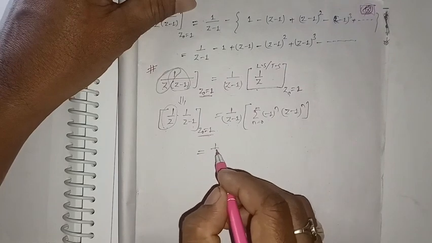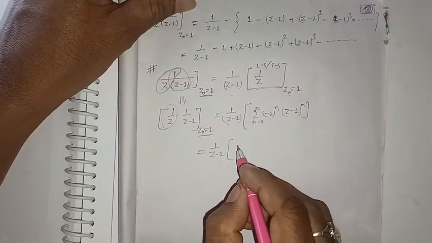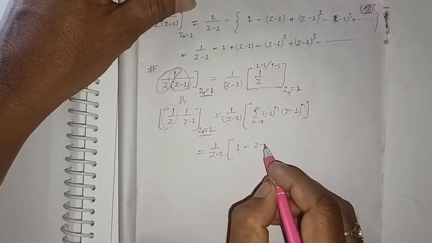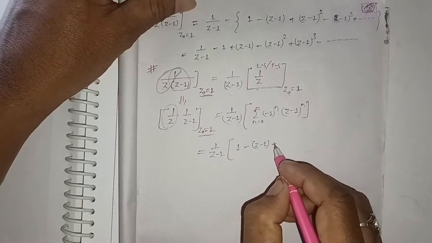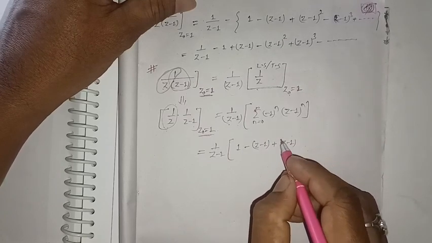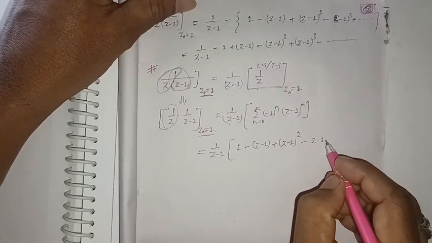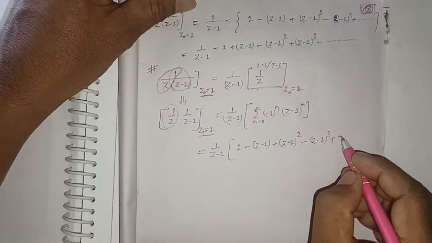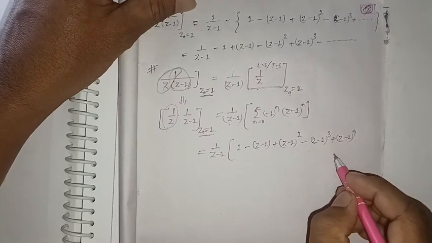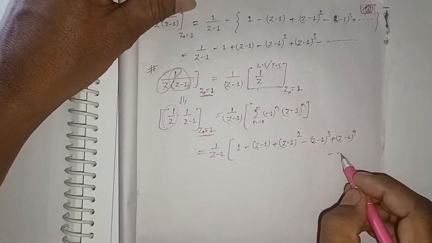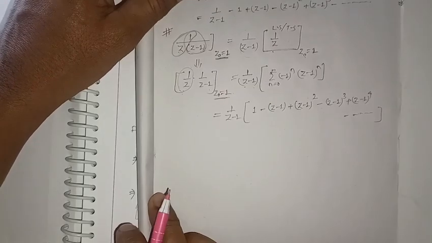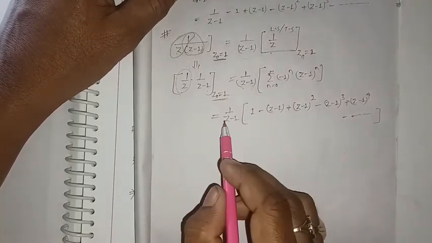I'm going to show you 1 by z minus 1. Here this will be 1 minus (z - 1) plus (z - 1)^2 minus (z - 1)^3 plus (z - 1)^4 minus, and so on. I'm going to multiply 1 by (z - 1).